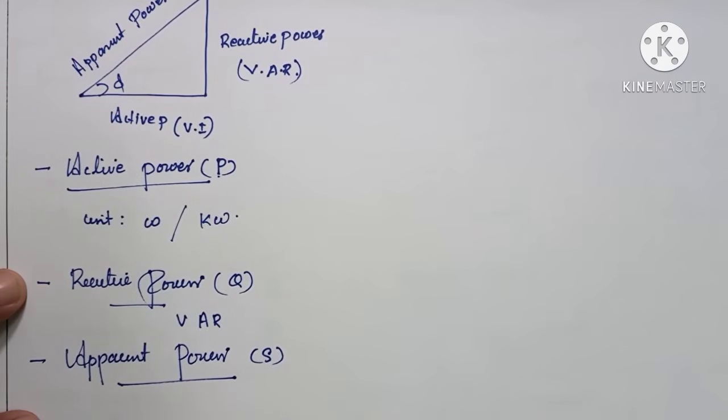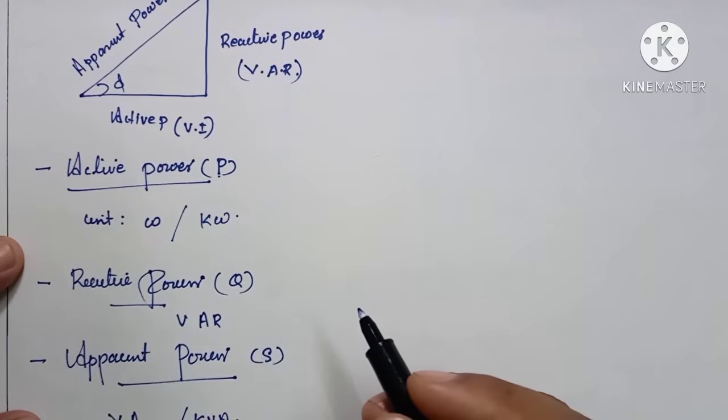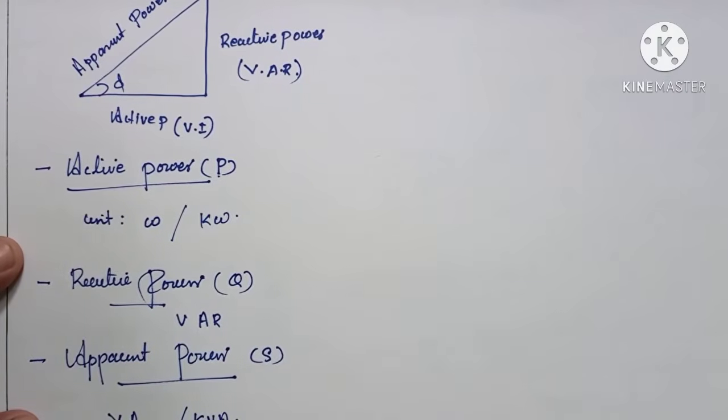Okay. Normally its unit is V into A, otherwise kVA. Okay, that is the apparent power.